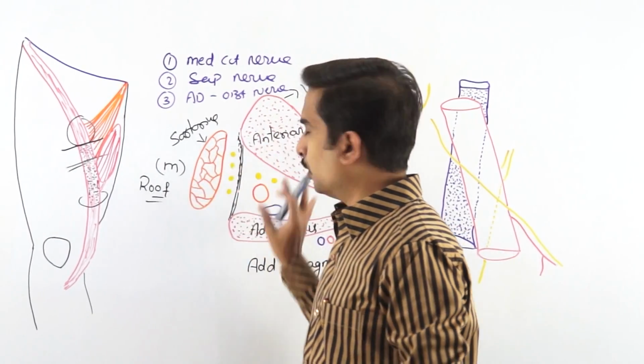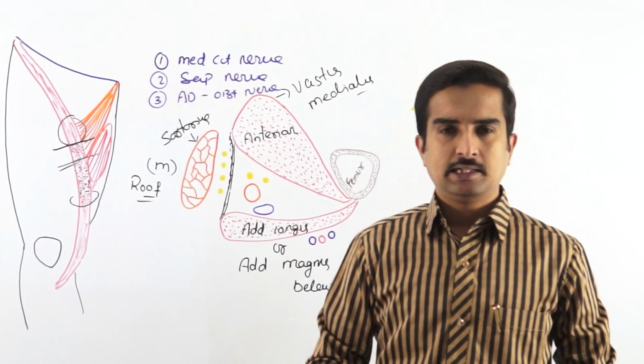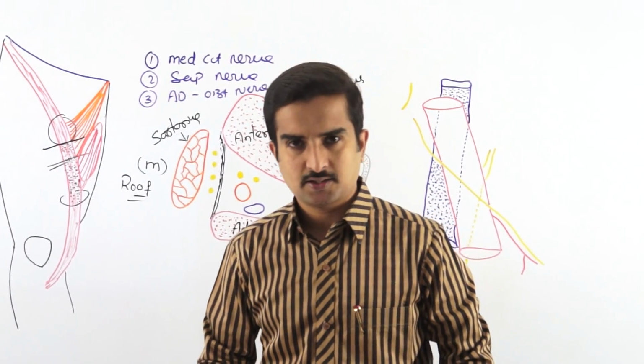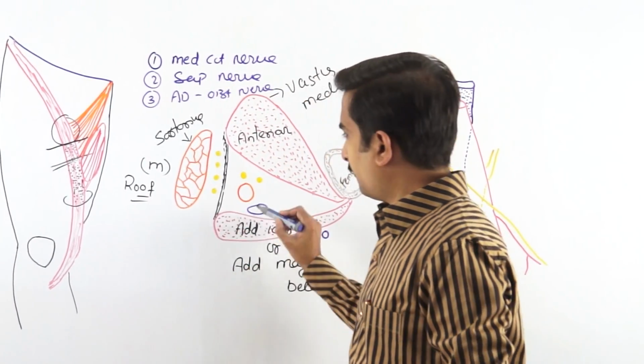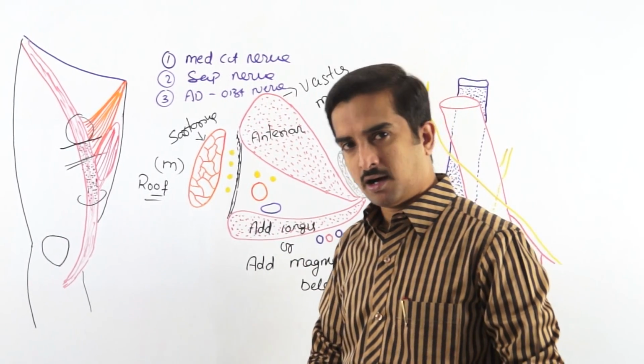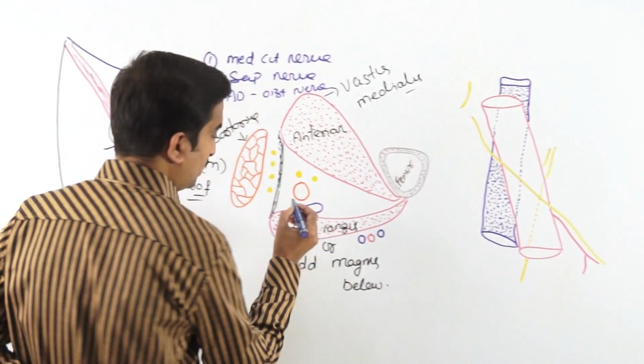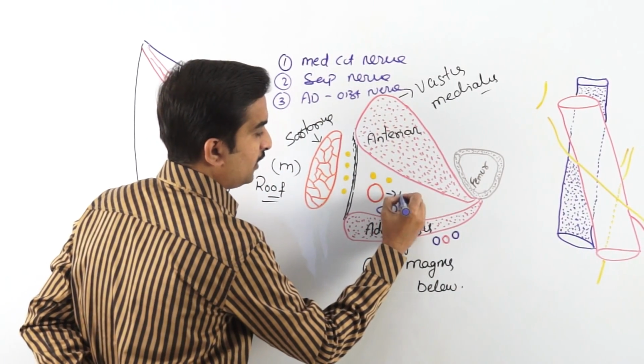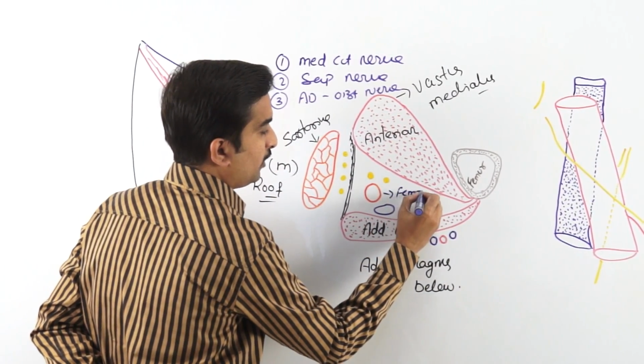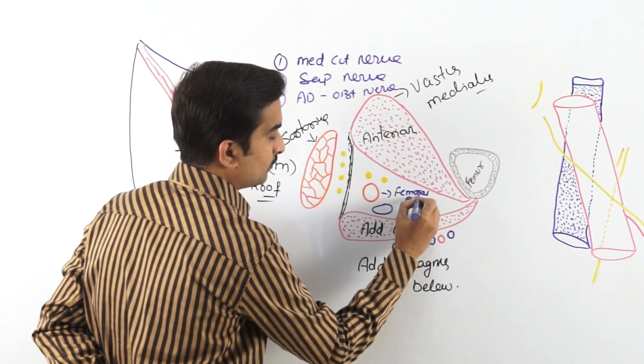So after knowing the boundaries of the canal, let us discuss the contents. In the contents, first we will take the femoral artery as a reference here, right? So here I will write, this is the femoral artery.